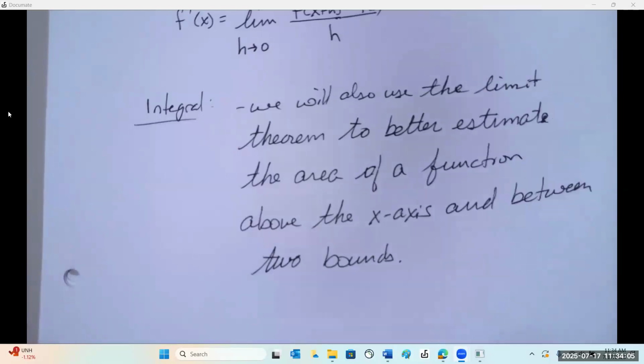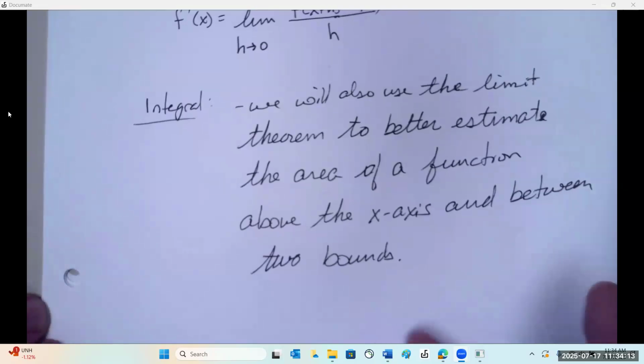So the integral will be used, we'll use the limit function because what we want is more and more items to calculate to approximate the solution.